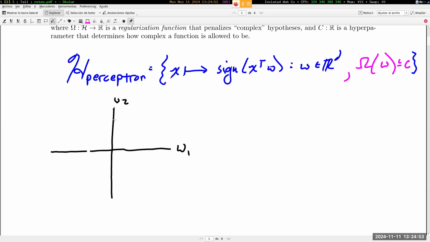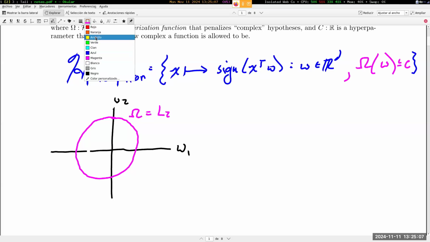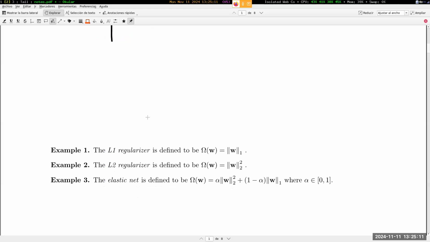The most common one of these omega functions is the L2 norm, which looks like a circle. Now we're allowed to be anywhere inside of this circle if our omega equals L2. I have three common ones listed down here: the L1, L2, and elastic net regularizer.